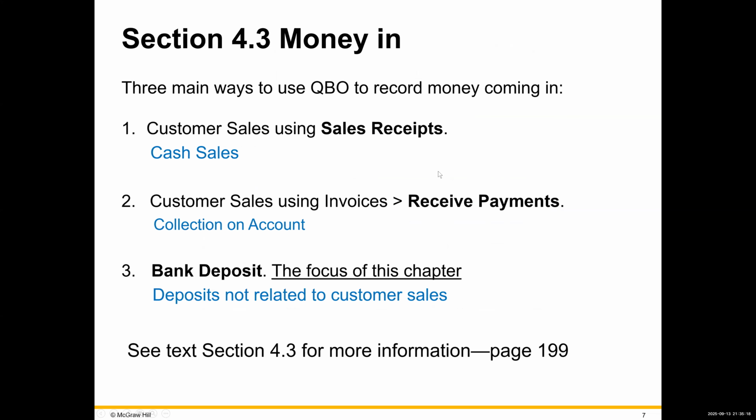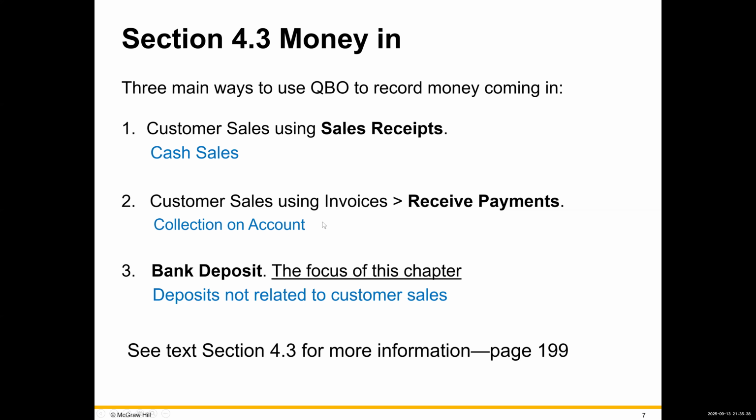There are three main ways to use QBO to record money coming in. The first one is sales receipts. And as we discussed in chapter 3, sales receipts is used to record cash sales.